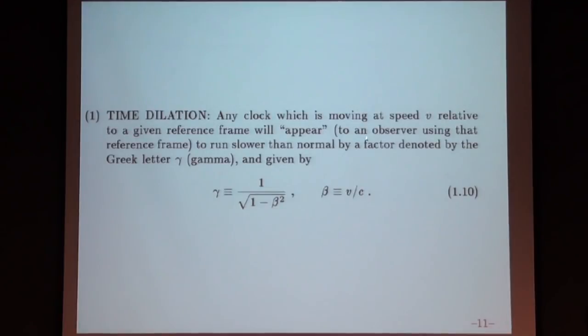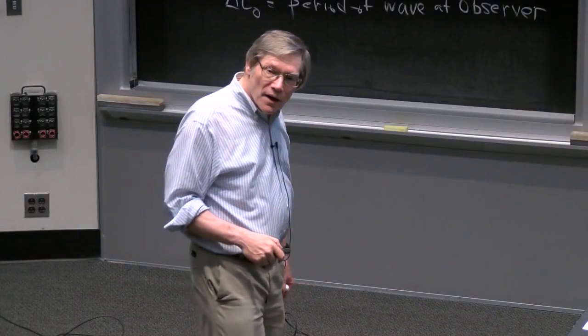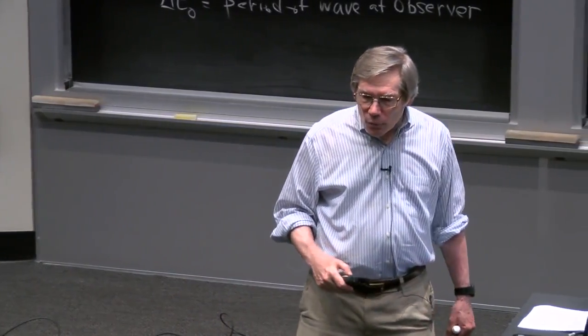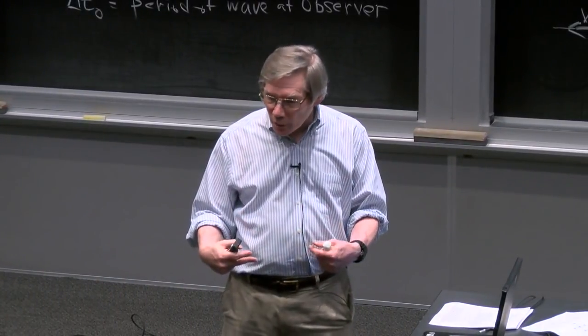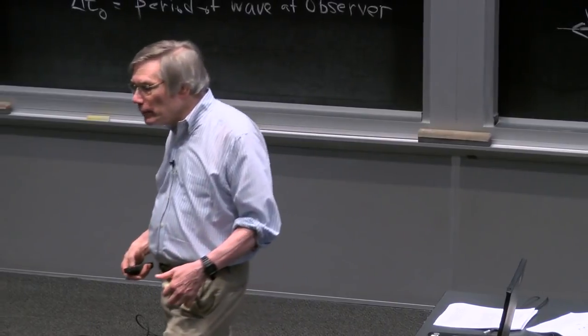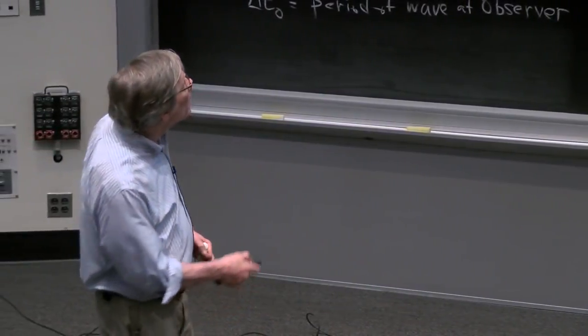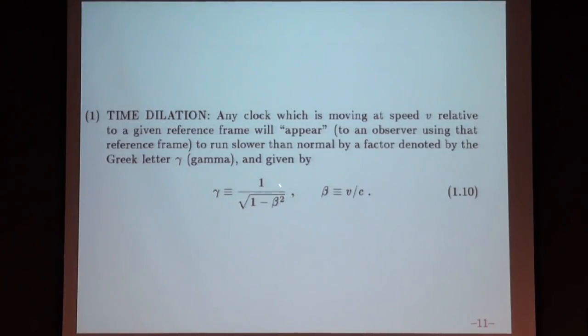But to finish the sentence first, the moving clock would appear to me, in my reference frame, to always be running slower, and slower by a very predictable amount, a famous expression in special relativity, gamma, where gamma is 1 over the square root of 1 minus beta squared, where beta is just an abbreviation for v over c, the velocity of the clock divided by the speed of light.